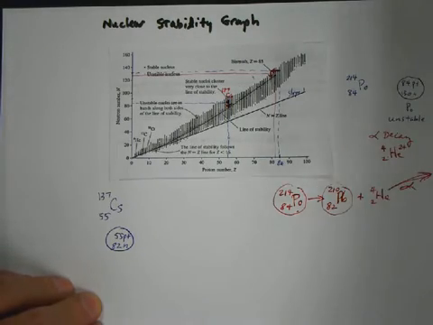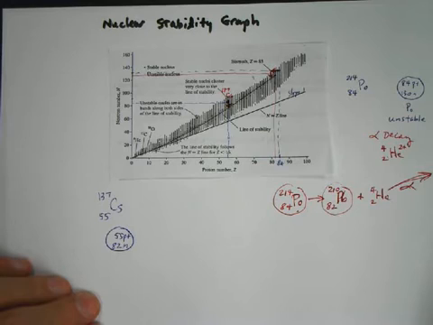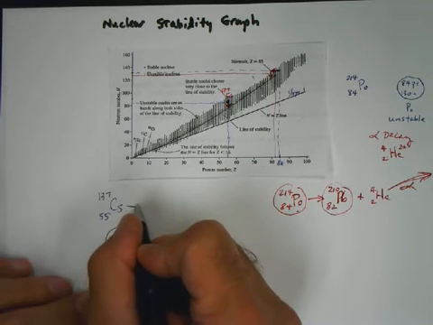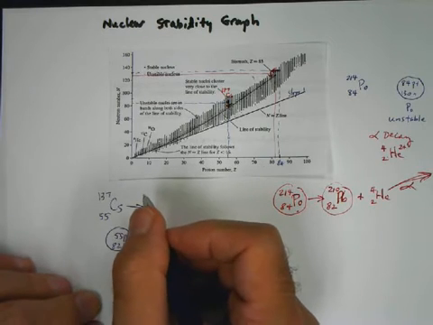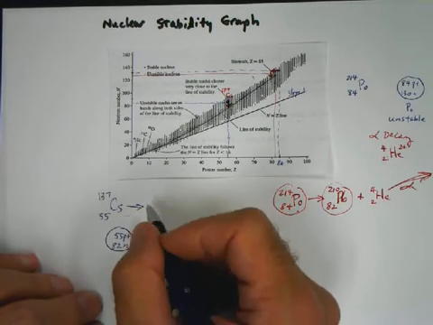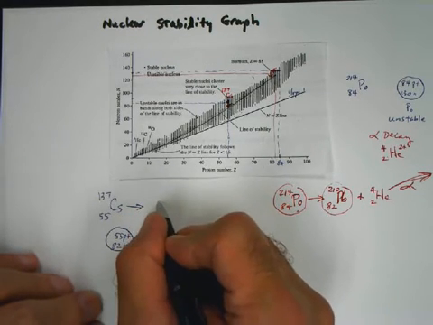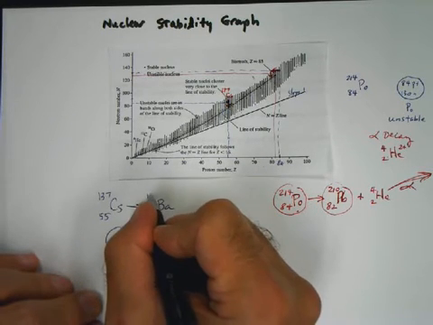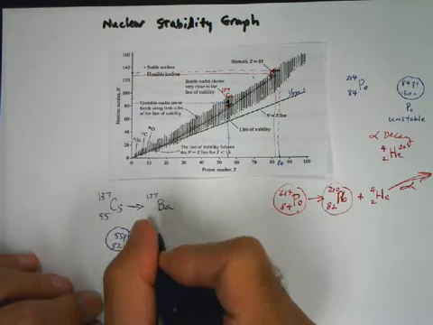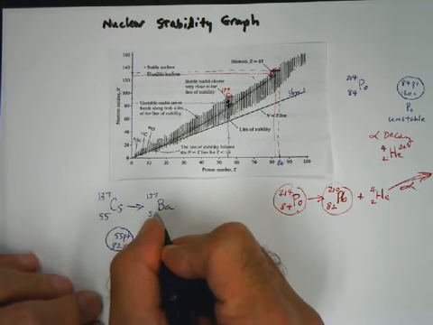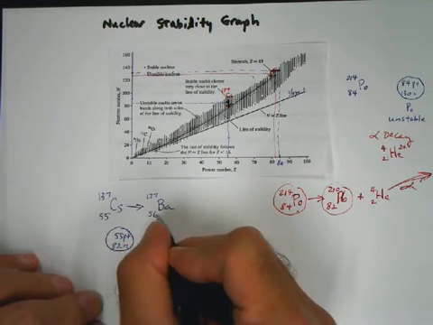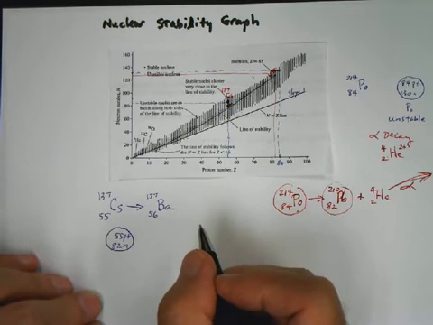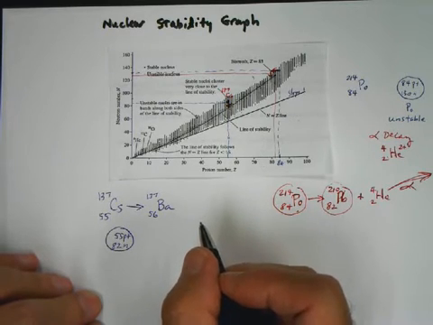And that's exactly what cesium does tend to do. When it does radioactively decay, it converts to a daughter nucleus called barium-137, with atomic number of 56. So it actually goes over more like this, a little bit.